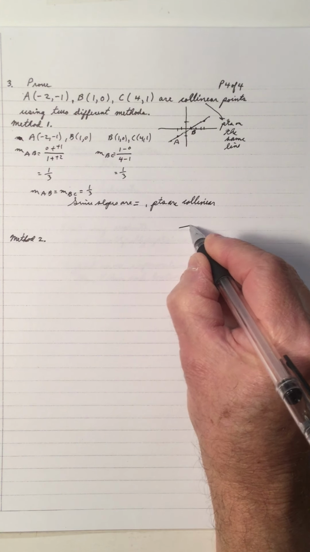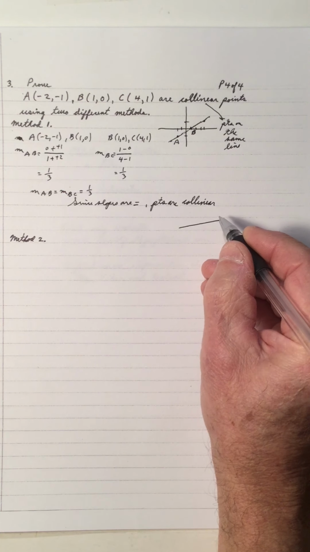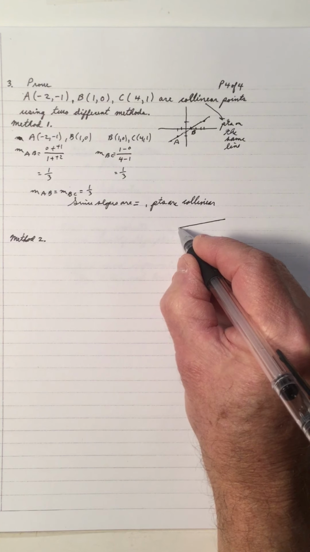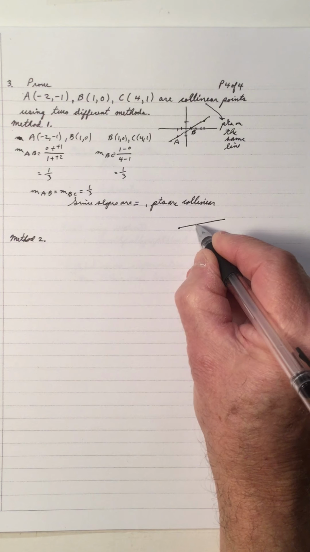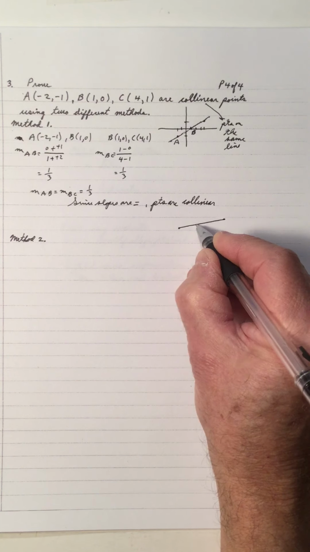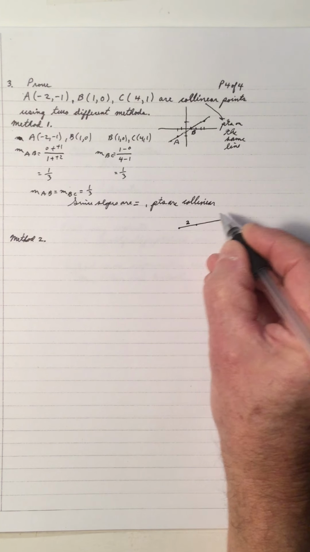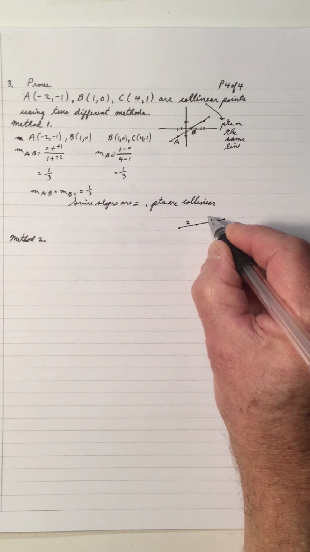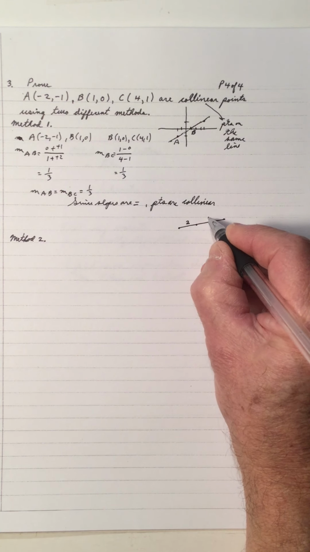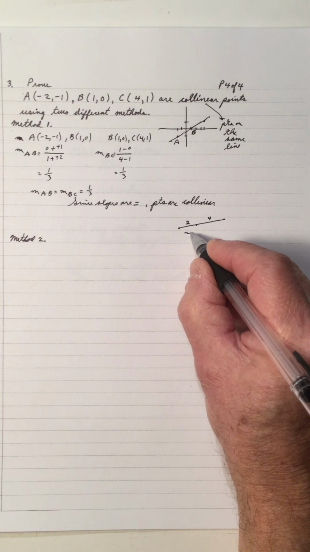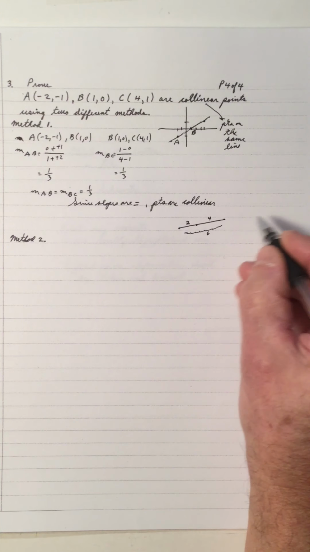So if I drew this segment like this, and if I put these here like this, if this was the length of 2, and this was the length of say 4, then the total length from here to here would be 6.